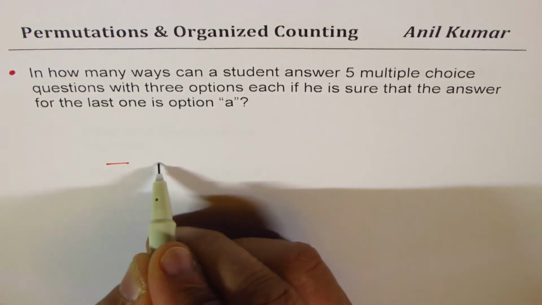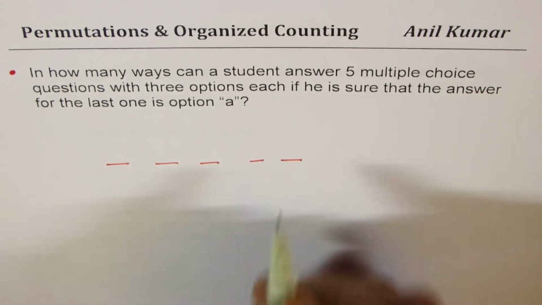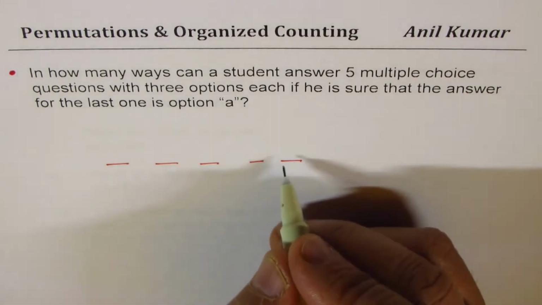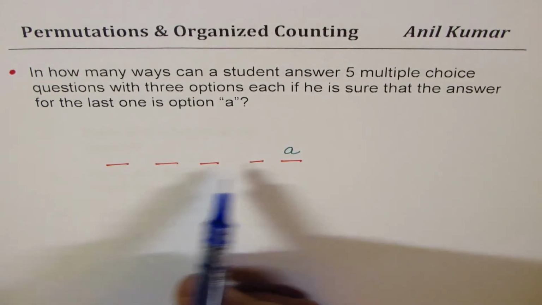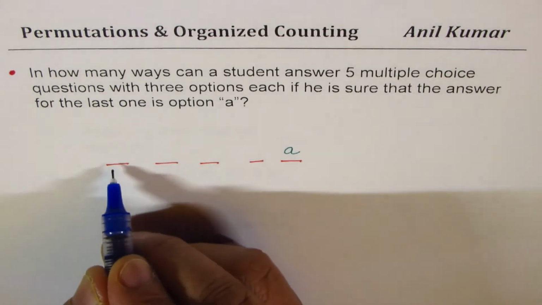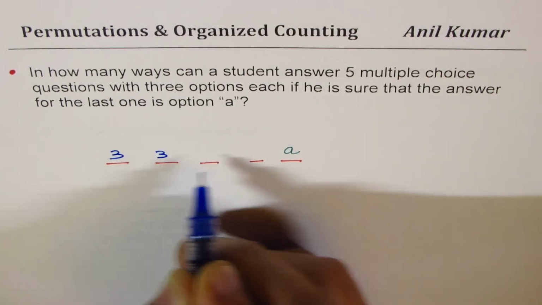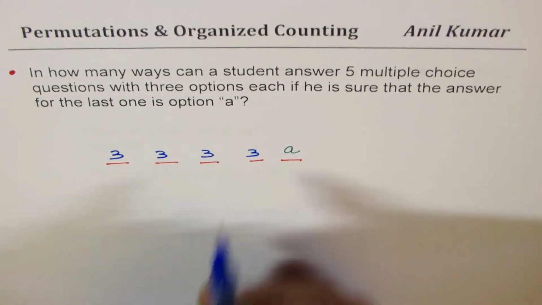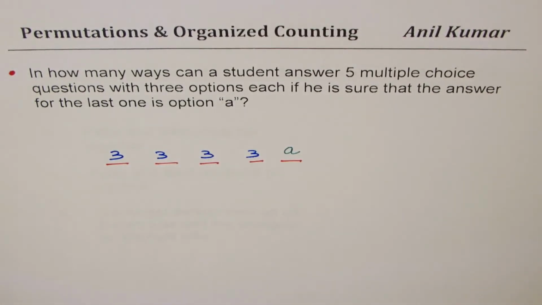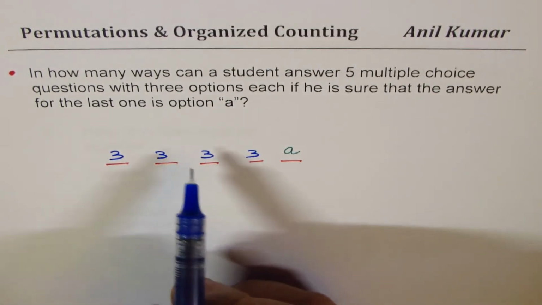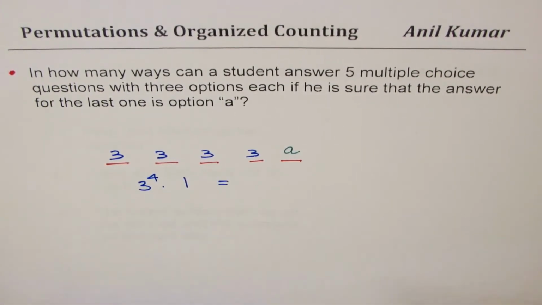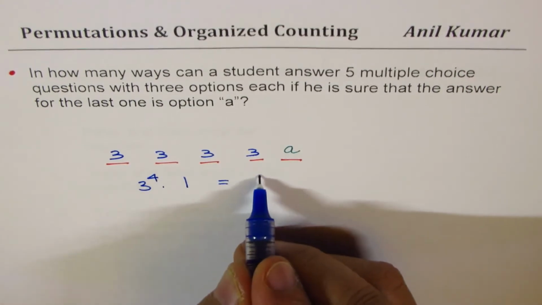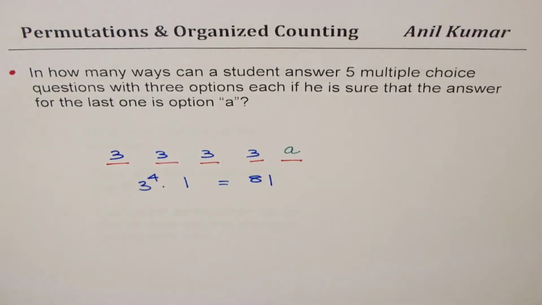So basically we have 5 questions and the student knows that for the last one A is the answer, but for these 4 he's just making a choice. So it could be 1 out of 3. So there are 3 possible ways in which those 4 questions can be answered, correct? And therefore the solution will be 3 to the power of 4 times 1, right? So that becomes the answer, which is 81, correct? So that is how you could answer this question.